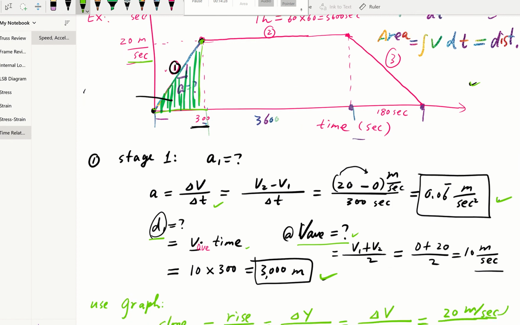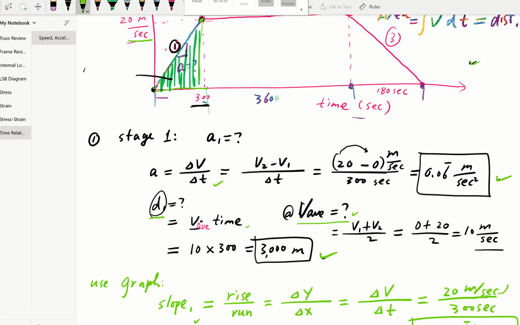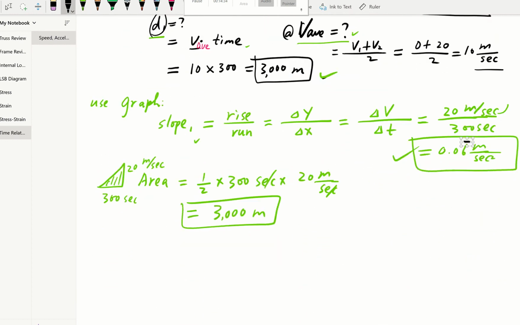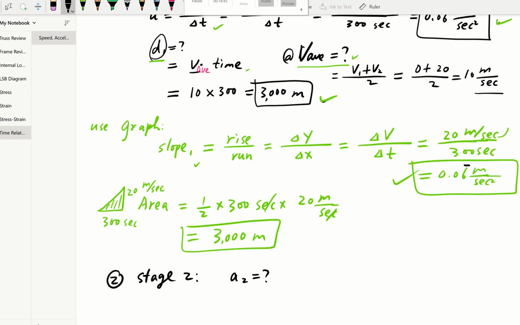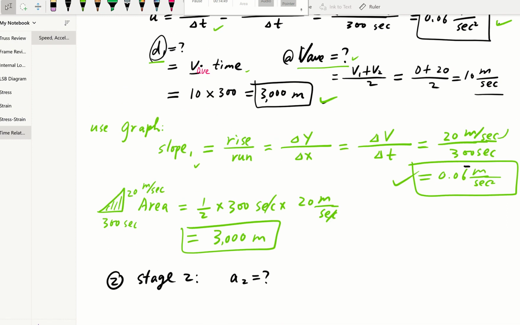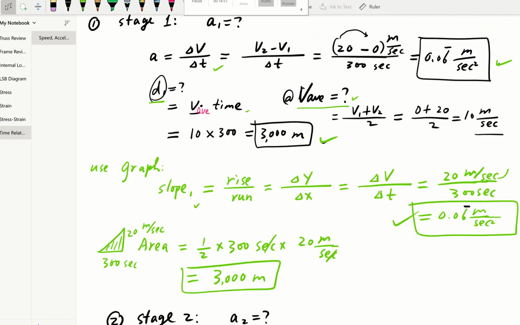Okay. So we can quickly look at stage 2 then. We can do the same thing as what we did for stage 1. The first thing we want to figure out is the acceleration at stage 2. For stage 2, I'm actually going to just use the graphic approach to quickly solve this.